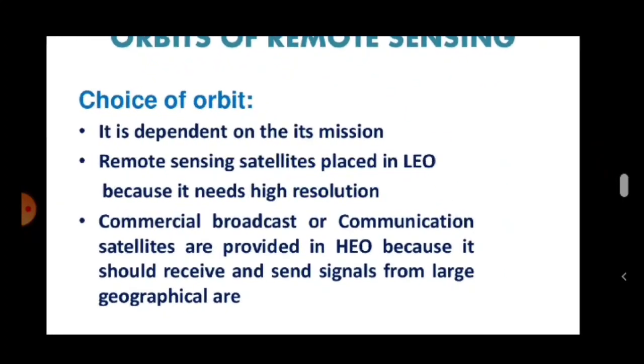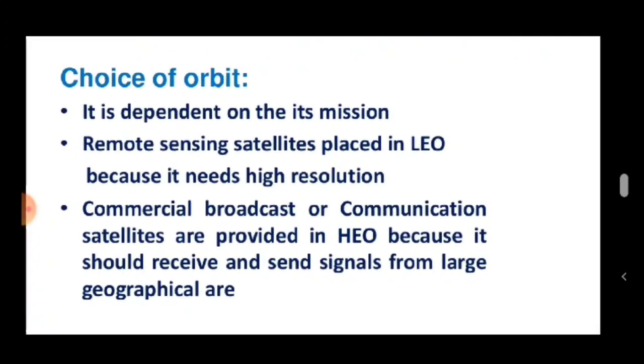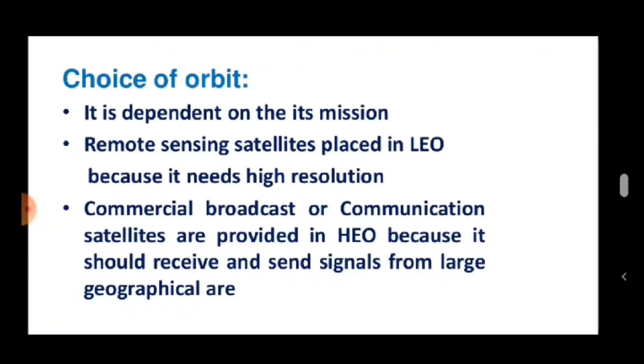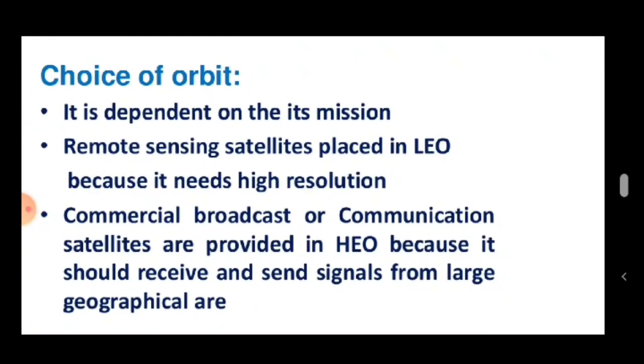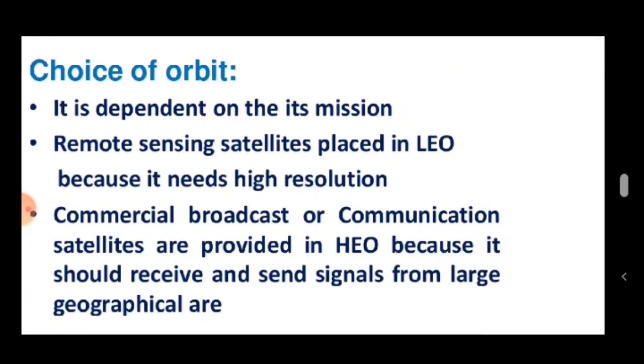So when it comes to the choice of the orbit, we especially focus on the objective and the capability of the satellite. Objective means its mission. As an example, low Earth orbit was designed according to the necessity of high resolution images.